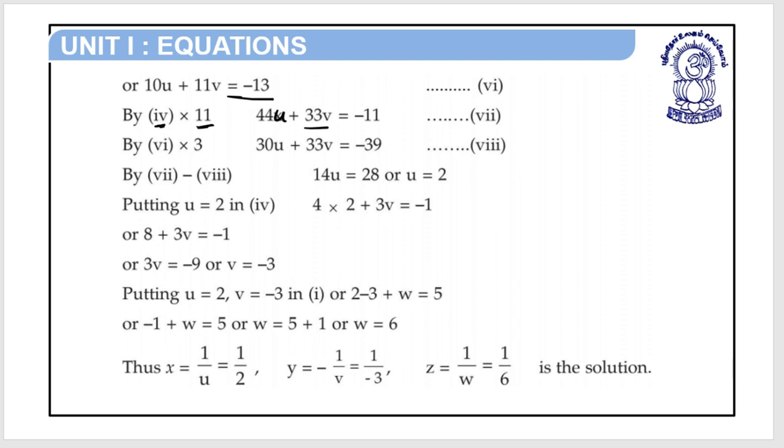Equation number 6 multiplying with 3, 10 3s are 30u plus 11 3s are 33v and 13 3s are 39, minus 39. Now subtract: 44u minus 30u, so we will get 14u, plus 33v minus 33v cancel, so minus 11 minus minus plus 39, minus 11, so 28.